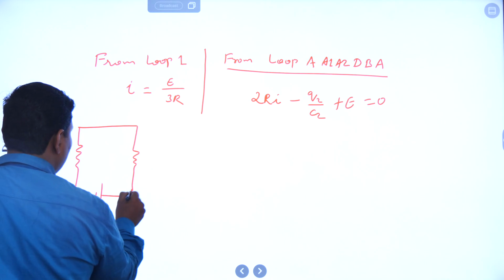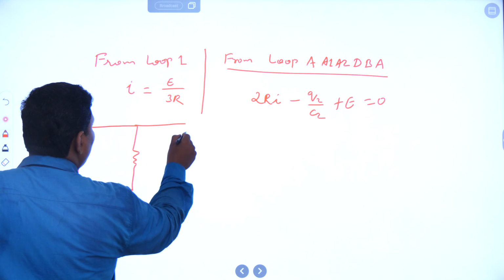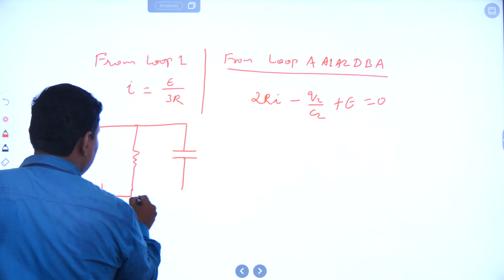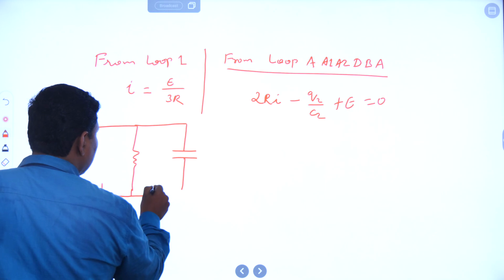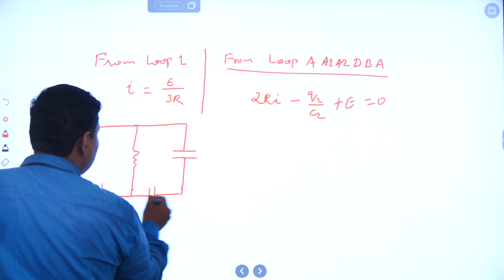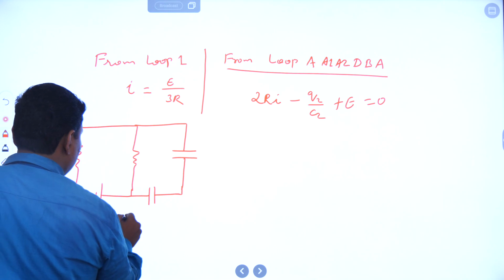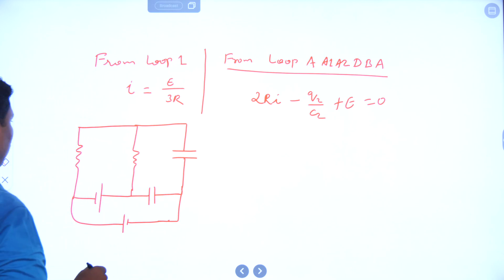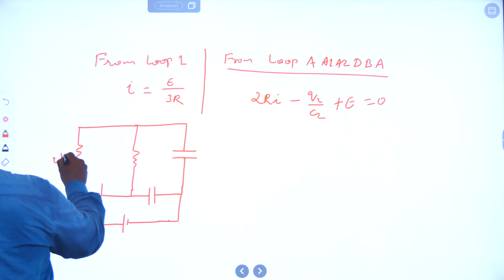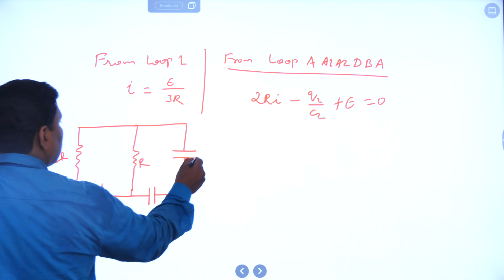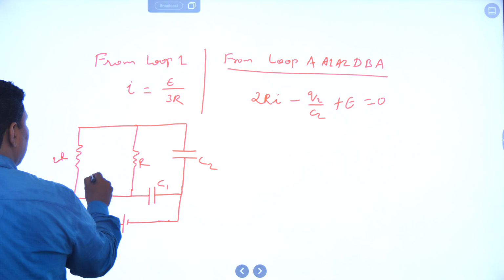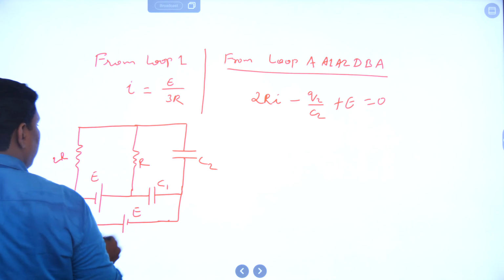Here battery is available, and here one capacitor, and here one more capacitor. And finally here another battery. So this is the given circuit. So 2R, R, C2, C1, E, this is also E.